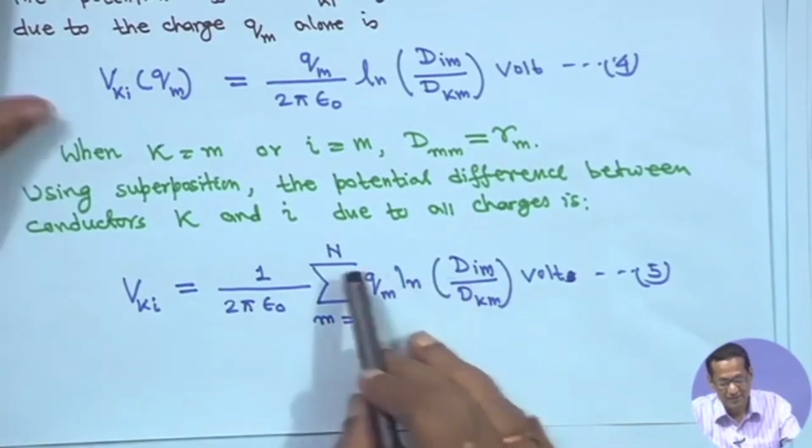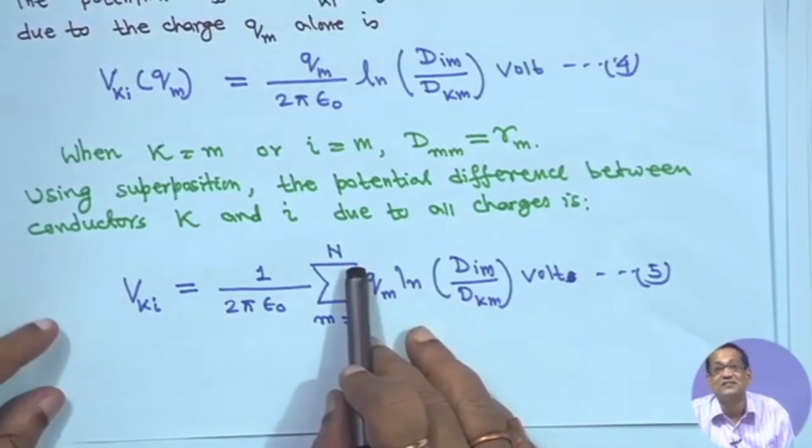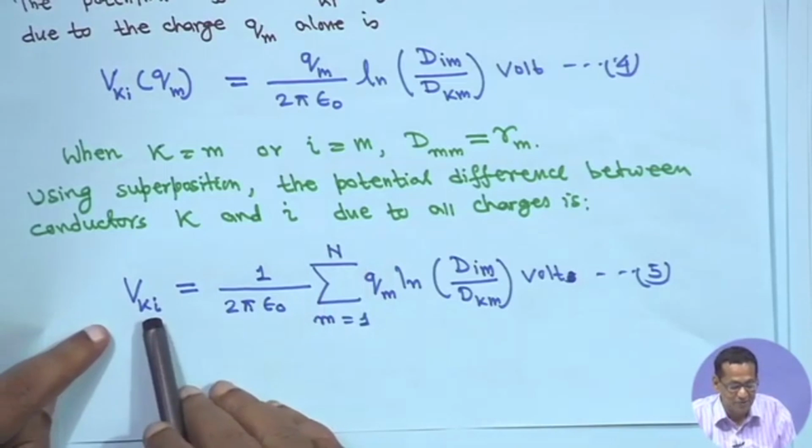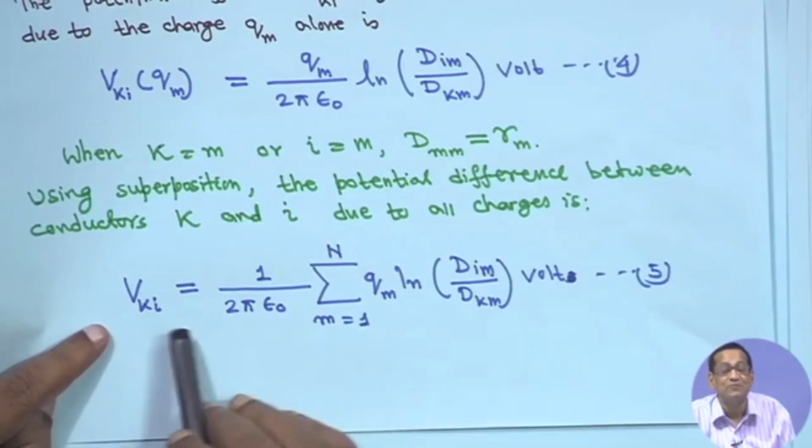Here n is 4, and you have to find k equal to 1, i equal to 2, that is V12.